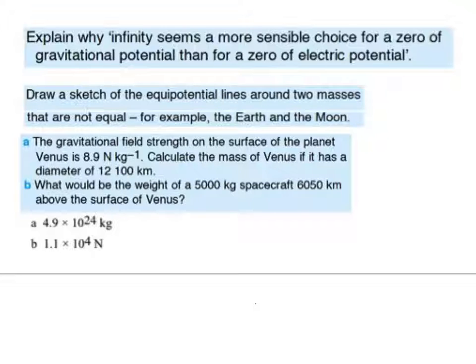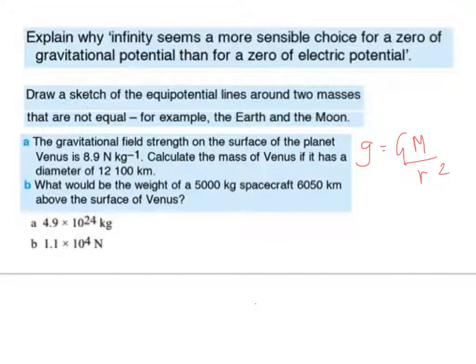Okay, these numerical questions are quite straightforward. The gravitational field strength on the surface of the planet Venus is 8.9 newtons per kilogram. Calculate the mass of Venus if it has a diameter of 12,100. So this is just simply using g equals GM over R squared.